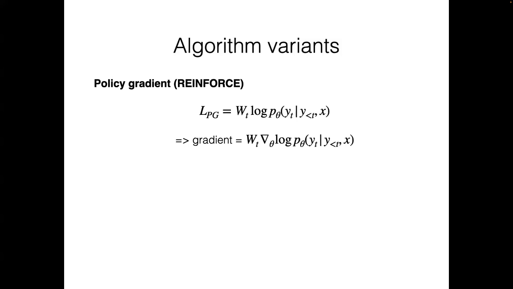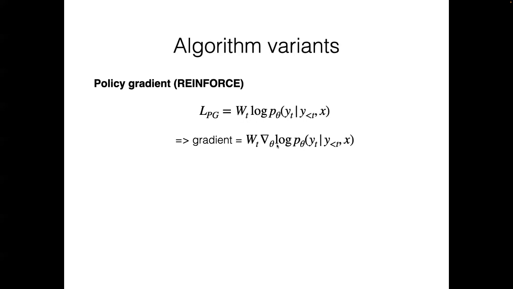So in the reinforcement learning lecture, we introduced these policy gradient algorithms. So here's the simple one called REINFORCE, or policy gradient. You can have this loss function, which is some weight for the given token, and then you have the log probability of the token given the context. This is at one time step.